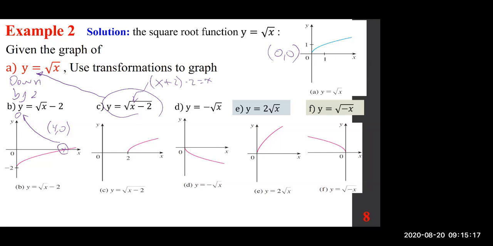So you have the same 0, 0, if you will, as your intercept, and you can find the values. For the sake of argument, the domain has changed from 0 to infinity now to negative infinity to 0. Okay, so for example, if you choose x to be negative 1, then y becomes positive. All right, so we have that.